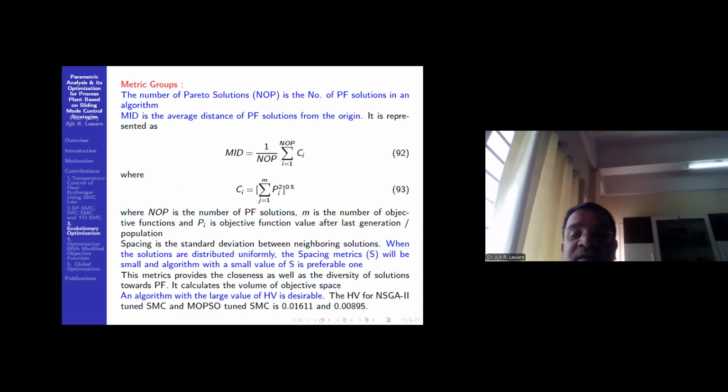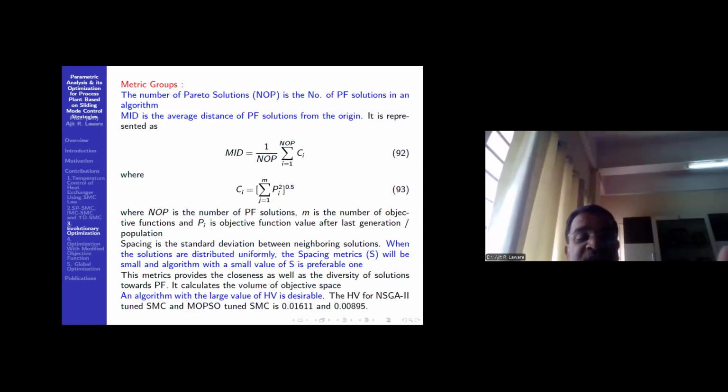MID is given by equation 92, and NOP is included under this MID, and CI is the parameter. In the case of CI, M is the number of objective functions, and PI is the objective function value after the last generation, meaning 100 generations.